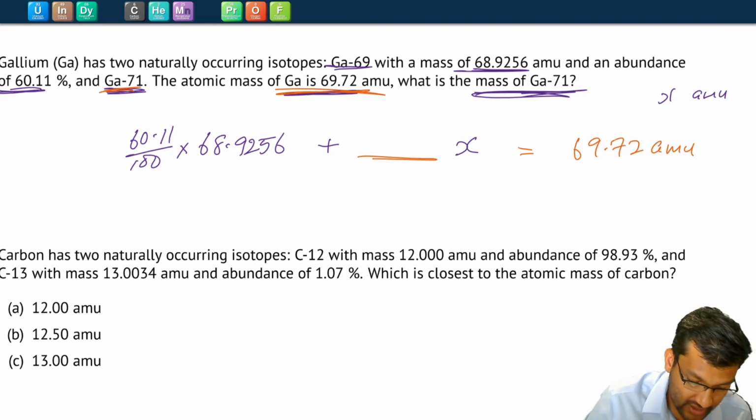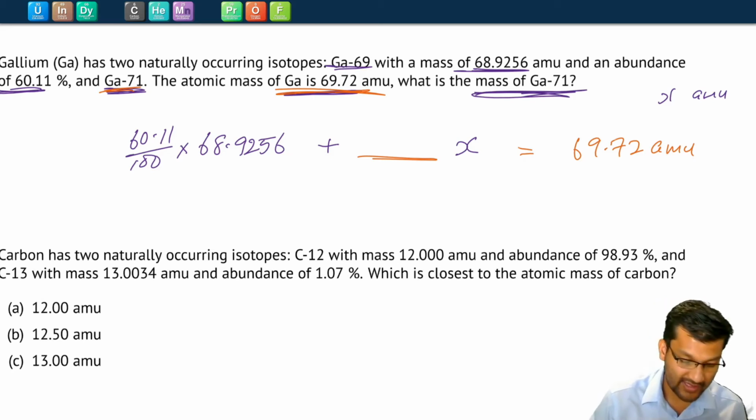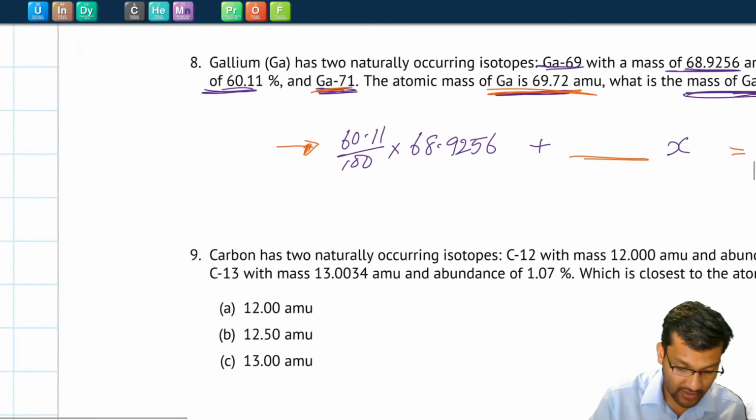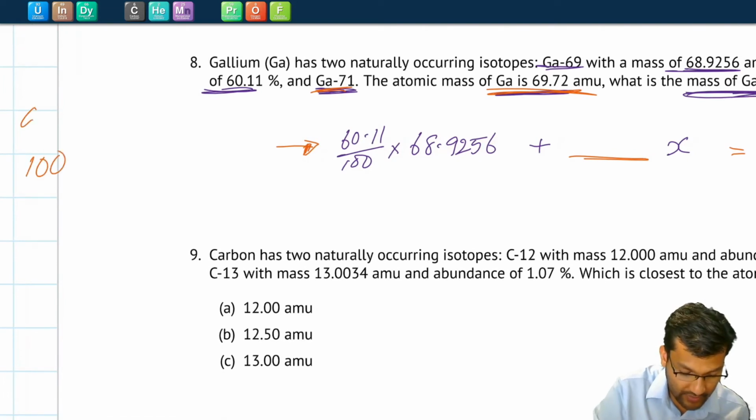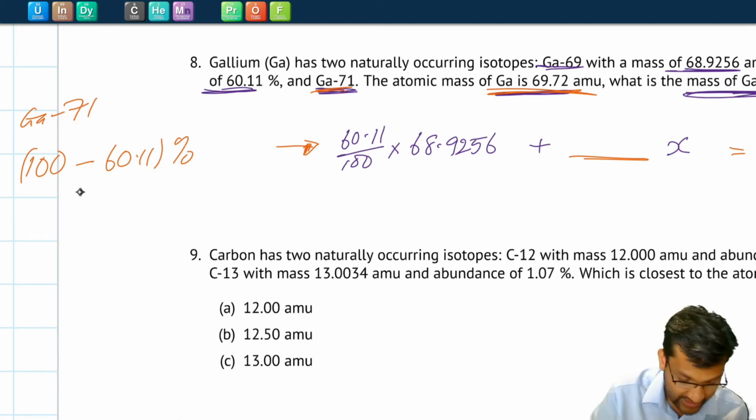So what percentage should we use? Well, in most calculations, the total percent is going to be 100. And since there are only 2 isotopes here, and one of them has an abundance of 60.11%, the other, gallium-71, should have 100 minus 60.11%, which comes out to be 39.89%.